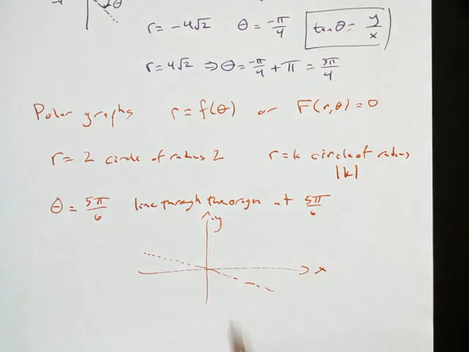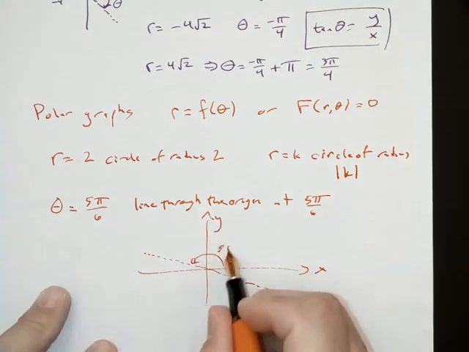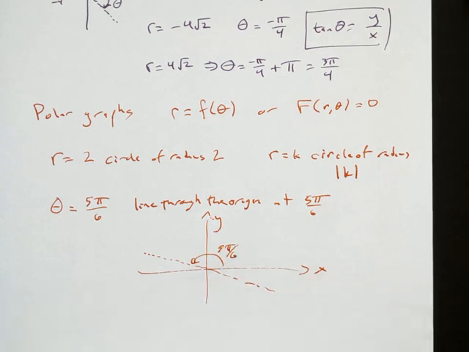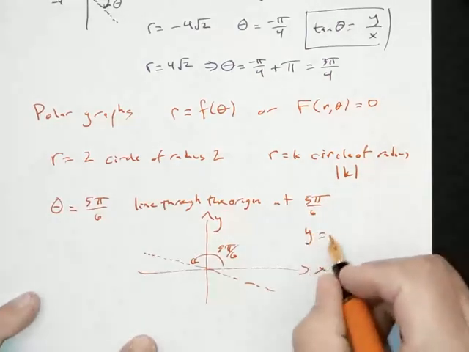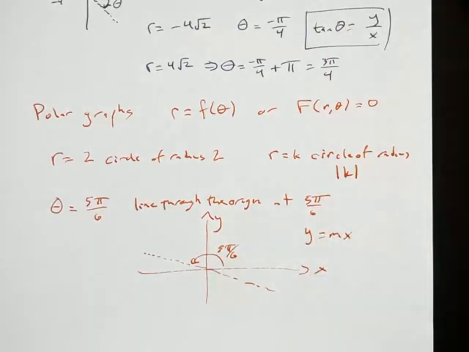That's that angle, right? 5 pi over 6. If it's a line through the origin, it's y equals mx. And since it goes through the origin, b is 0. What's the slope of that line? I know the answer to that from doing my unit conversions. Dom, you were the one to tell it to me.